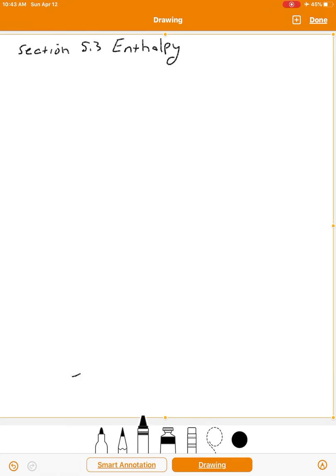So let me just make a couple of points. The change in enthalpy, just like the change in internal energy, is equal to the final amount of enthalpy that a system has minus the initial amount of enthalpy that it has, delta H. So for a chemical reaction where A goes to B, right, we have reactants and products.